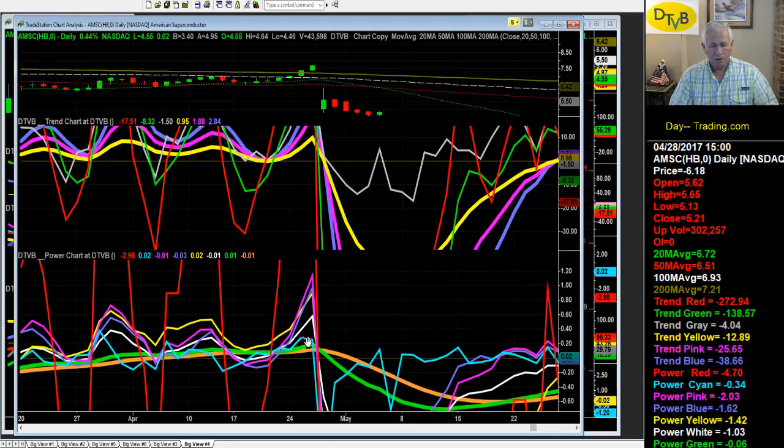Power Zion turns down on the very day of the peak, which basically tells you that it's a leading indicator. It's a price change. Remember, Power Zion is not a price barometer, but it is a powerful leading indicator.